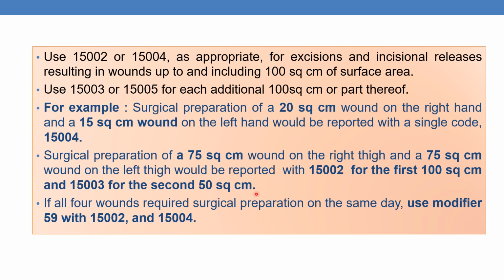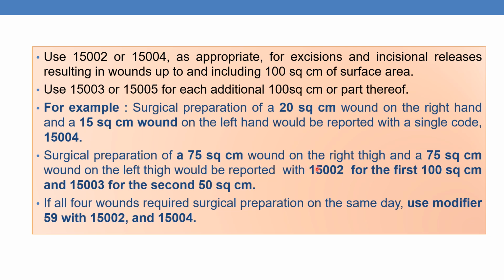The description of 15002 is surgical preparation or creation of recipient site by excision of open wounds, burn, eschar or scar, release of scar contracture, trunks, arms, legs. So thighs come under legs.